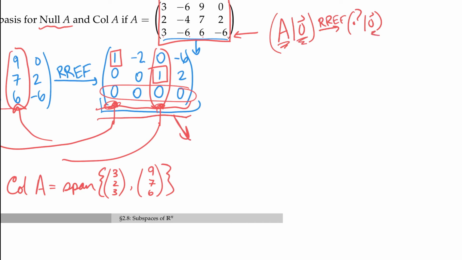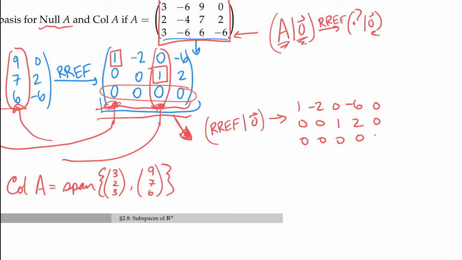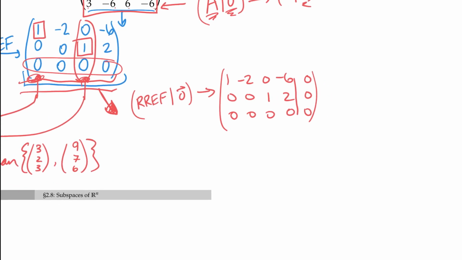And so all I've really got to do, I'm just going to be lazy, is take the reduced row echelon form and augment it with 0, and that will be where I can make my inferences. So let me do that. I have 1, -2, 0, -6, 0, 0, 0, 1, 2, 0, and then a nice big 0 row. So that's the homogeneous system I'm looking at.